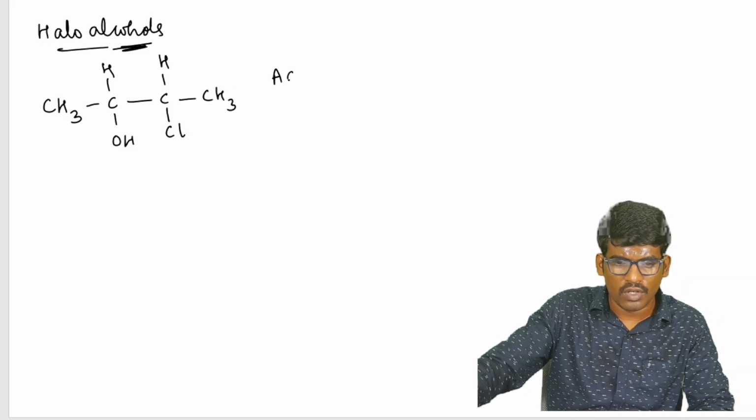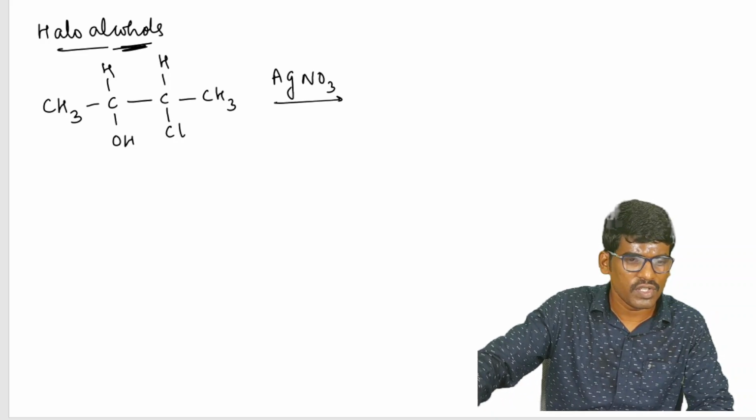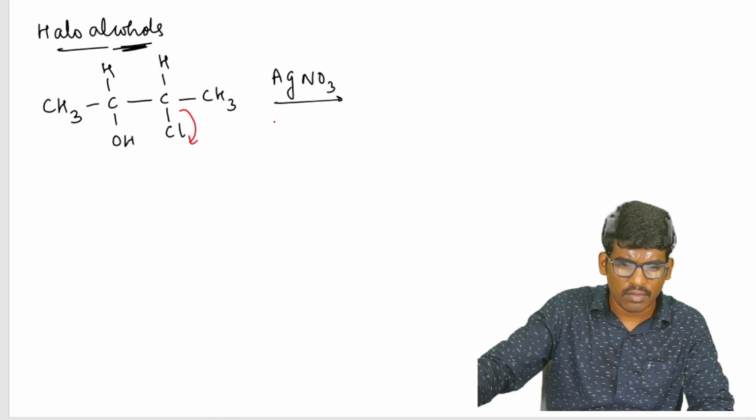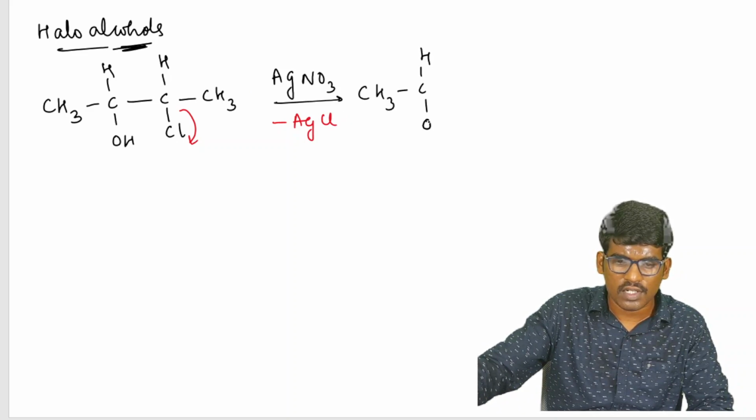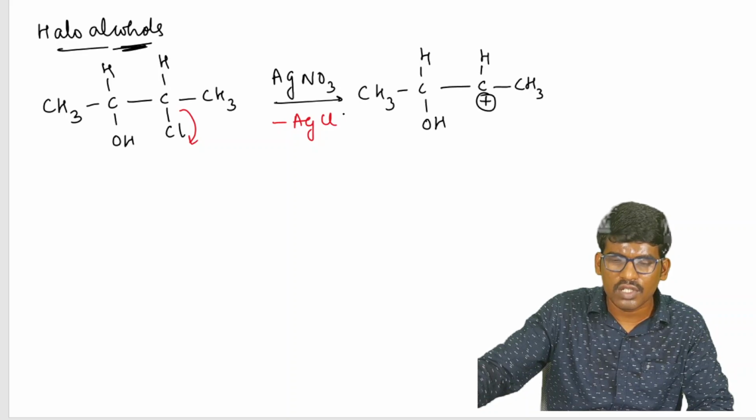But this time we are going to use AgNO3. As you are aware, whenever AgNO3 is used, we can remove this Cl minus in the form of AgCl. Then the chlorine attached carbon acquires positive charge, which you can see here, the CH3 carbon acquires positive charge.